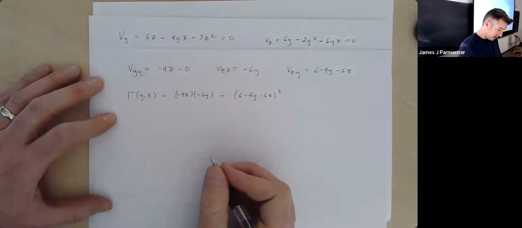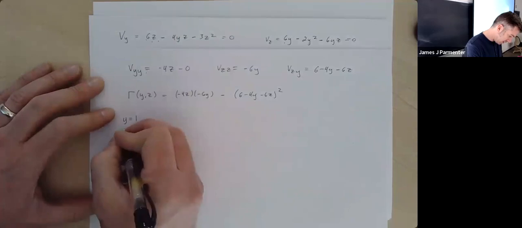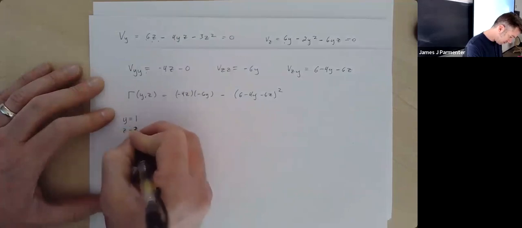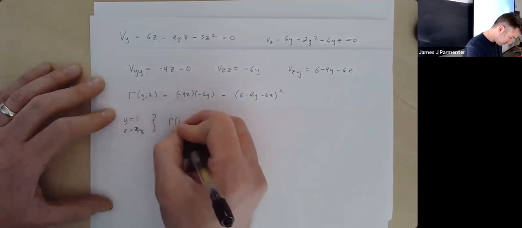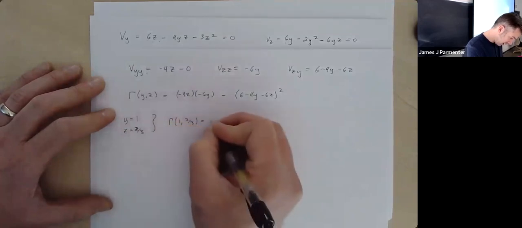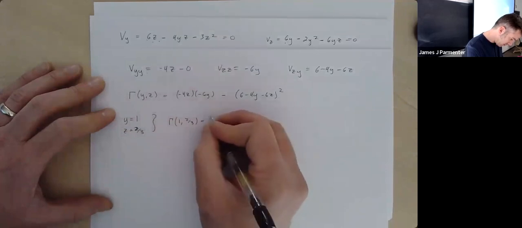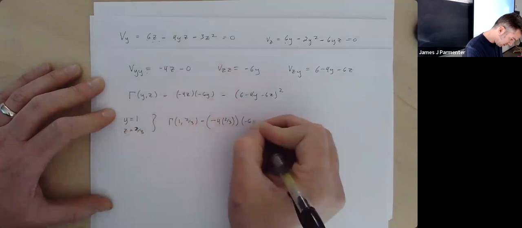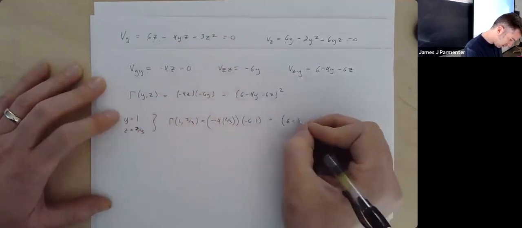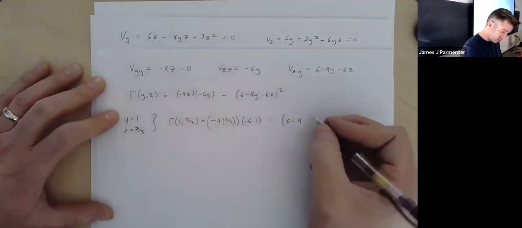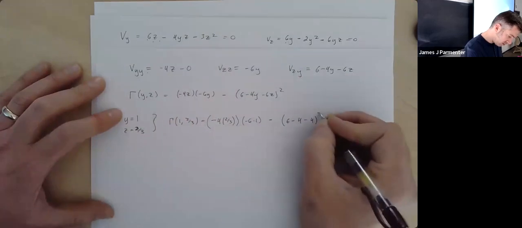And now if we're going to plug in our critical point, which was y equal to 1 and z equal to 2/3, our gamma value is going to give us negative 4 times 2/3 times negative 6 times 1, minus 6 minus 4 times 1 minus 6 times 2/3, which is 12/3, which is 4, squared.